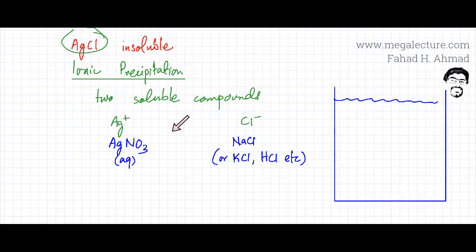Remember, soluble compounds dissociate when they are mixed in water. So if you mix silver nitrate in solution, the silver ions and the nitrate ions are going to dissociate, and you would have all these silver ions and nitrate ions just roaming around in the solution, mixed in water. Similarly, let's pick NaCl.